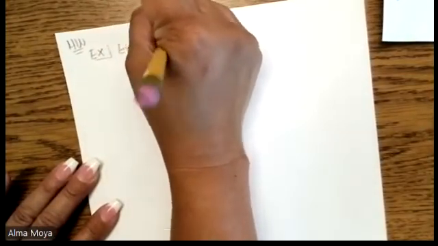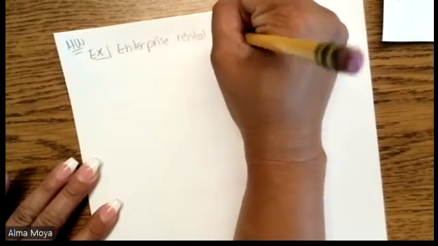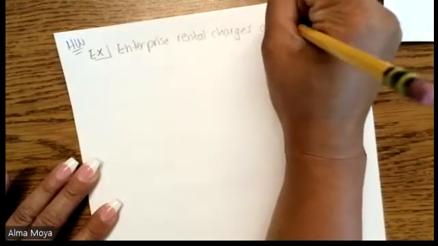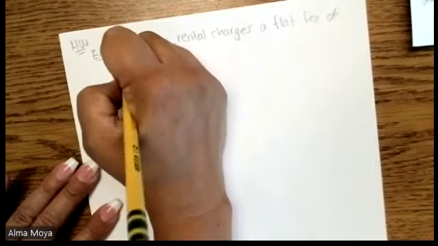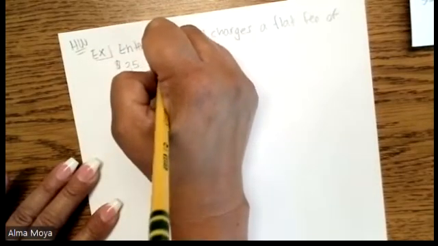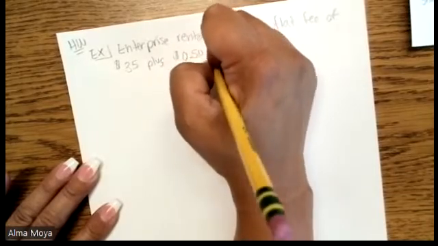It's a word problem. Enterprise rental charges a flat fee of $35 plus 50 cents per mile.